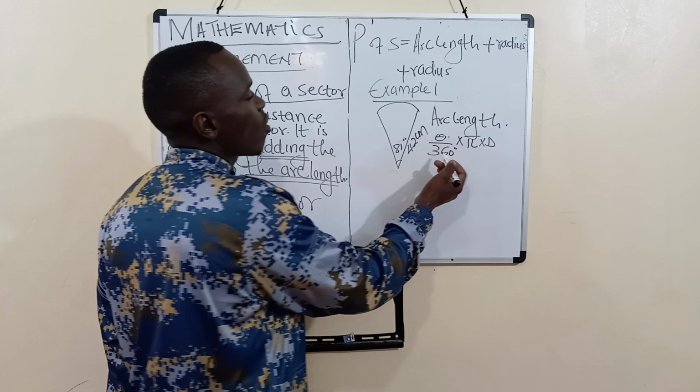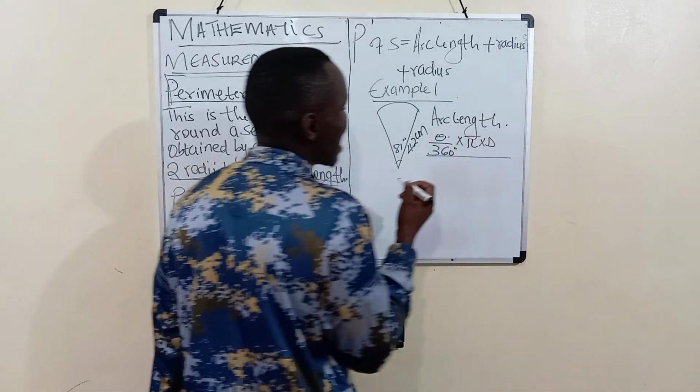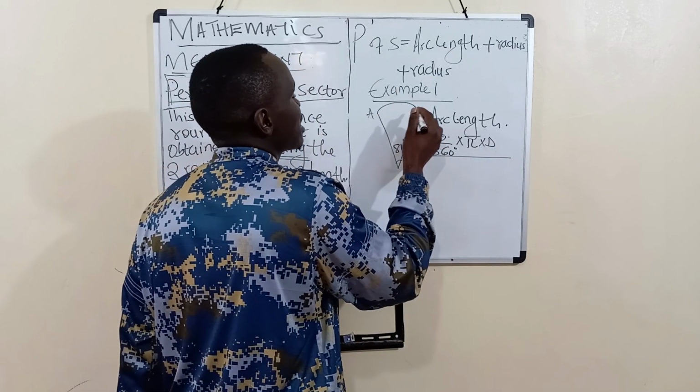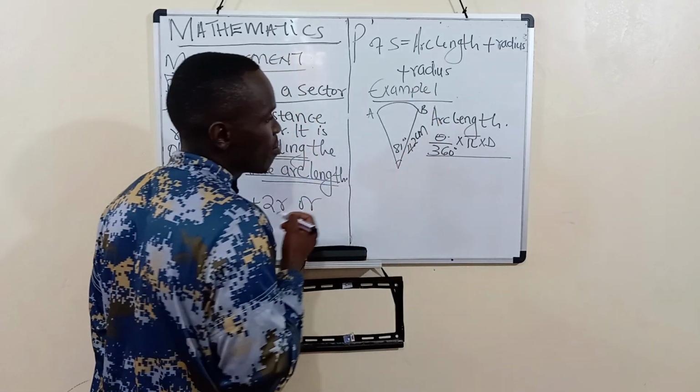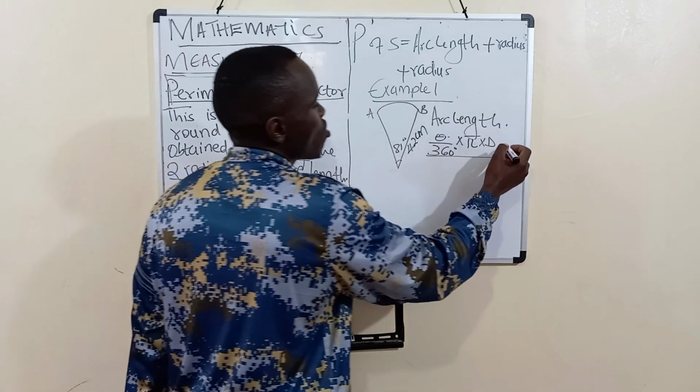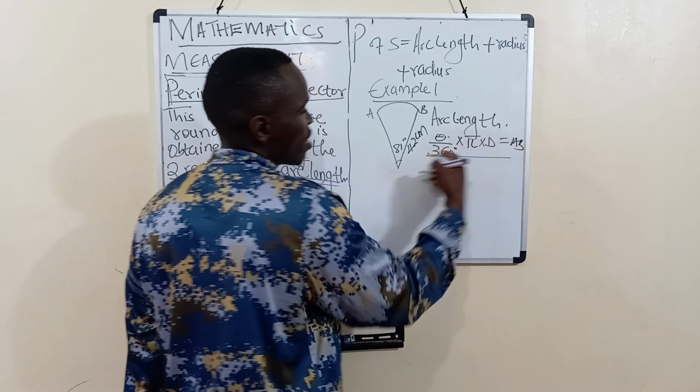Why? When we get the arc length, we are talking about distance AB. Distance AB will be given by this one.